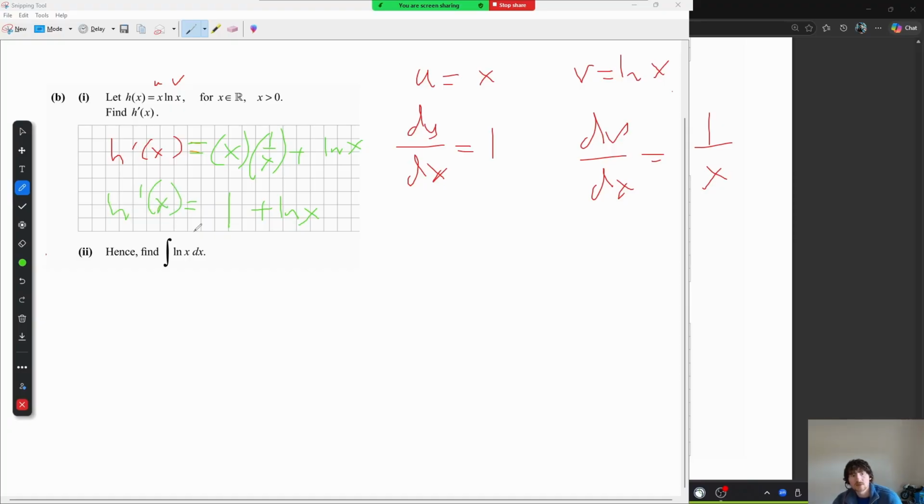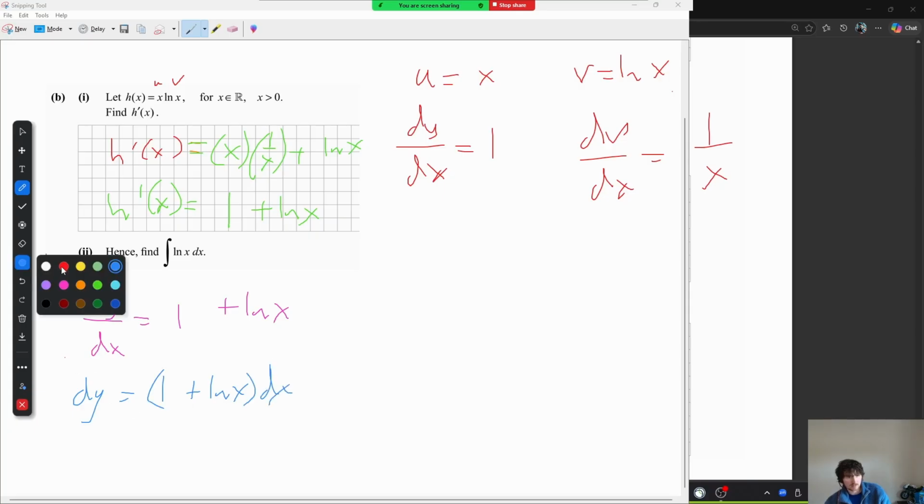Okay, so then work out the integral of this. This is like what we've done before. You'll call this dy dx and say it's equal to 1 plus ln x. You then multiply across by the dx like we've been doing before, and you get dy equals 1 plus ln x multiplied by dx.